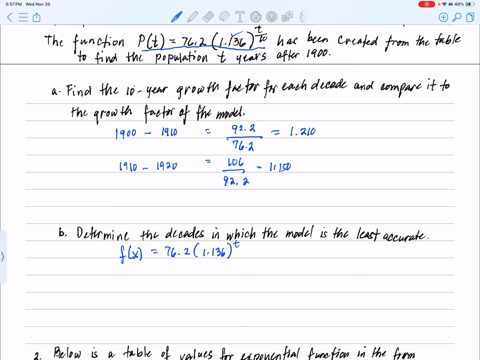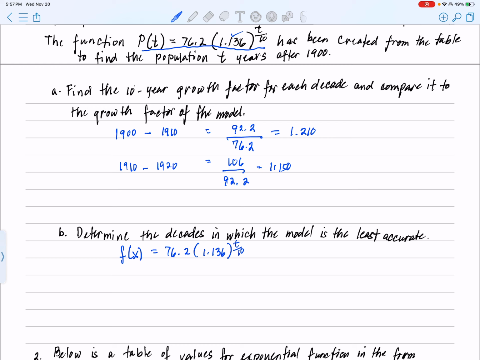To complete a table to estimate the population, then we can find the difference between the estimated population and the given population. All right. So let's say in 1900, it's 76.2.